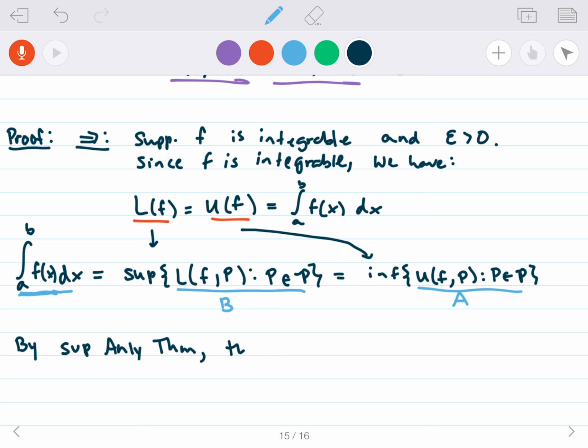So what does the supremum analytic theorem say? It says that there is some element in B. What do elements in B look like? They just look like this, L of f,P.